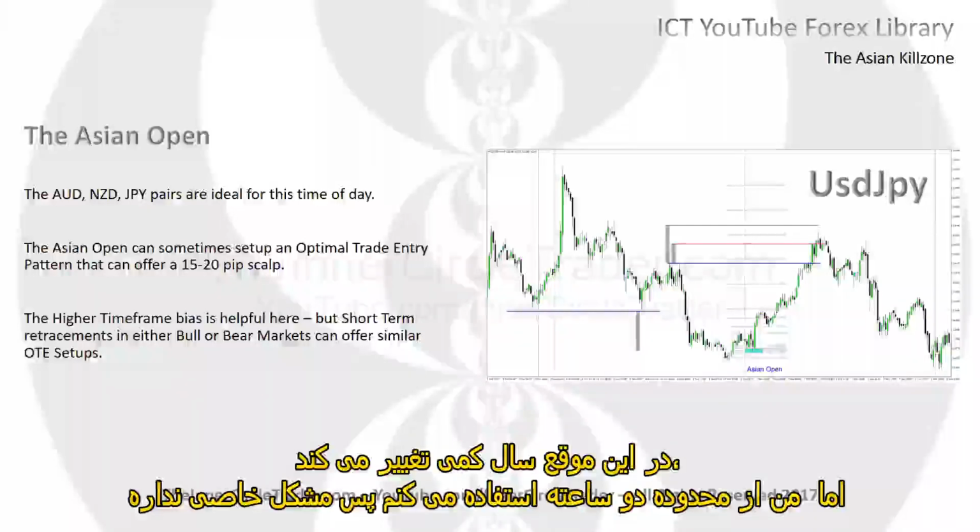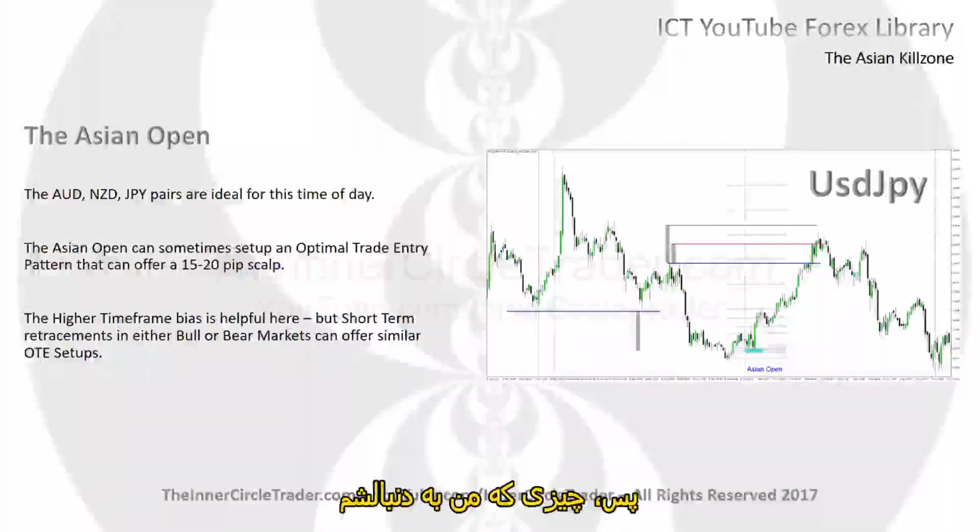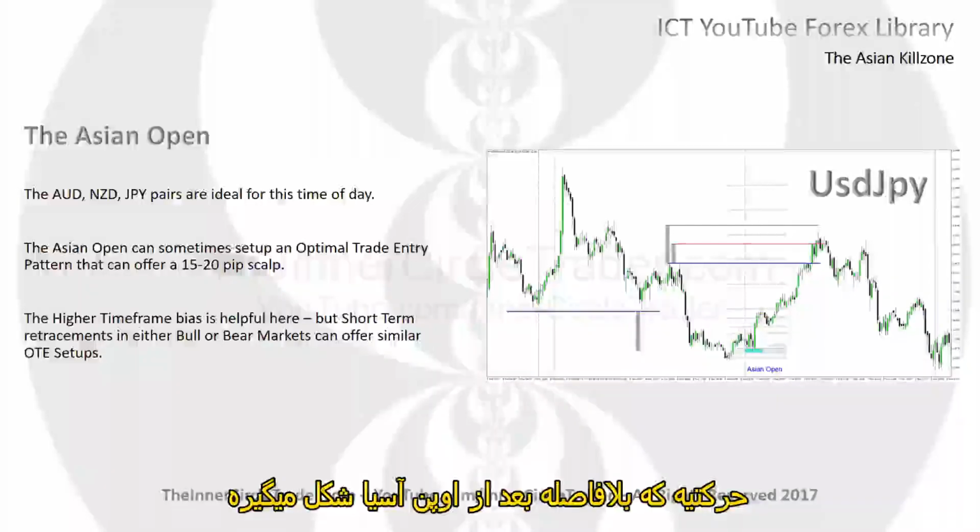And when we leave this daylight savings time, it'll shift a little bit. But I use a 2-hour window so it doesn't have a great impact at all. So what I look for is a move that originates or forms immediately after the Asian Open.